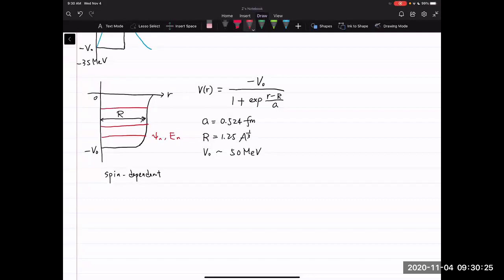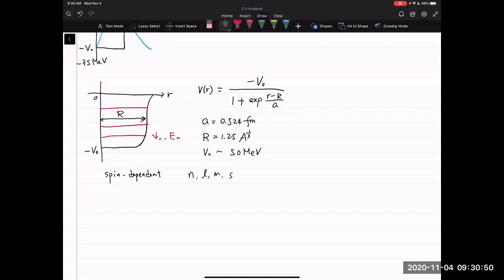Not only does the state depend on n, it also depends on other quantum numbers related to the spin and the orbital degrees of freedom. So the quantum numbers depend on n, l, m, as well as the spin and a few other quantum numbers.